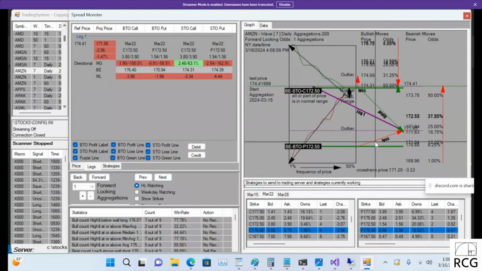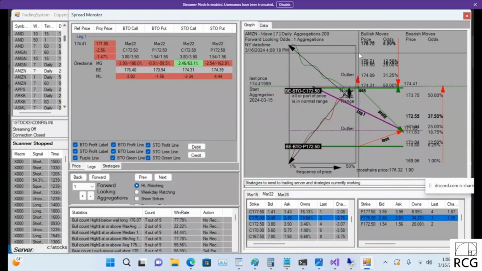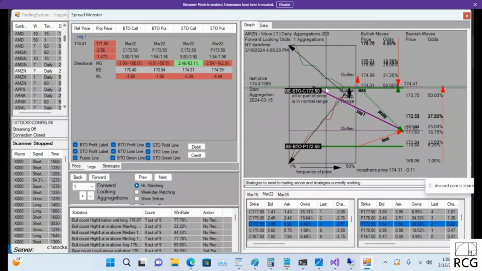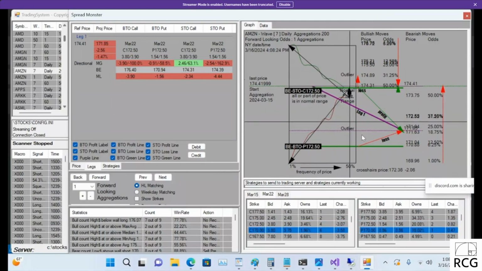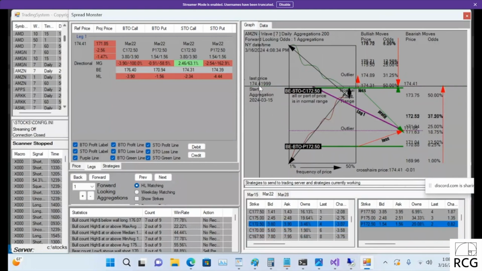So from our last price to the BE, it's saying that it should be, and this is where it needs to be checked, 174.31. So the BE is slightly underneath the last price on this green line, which is what it's calculating mathematically.